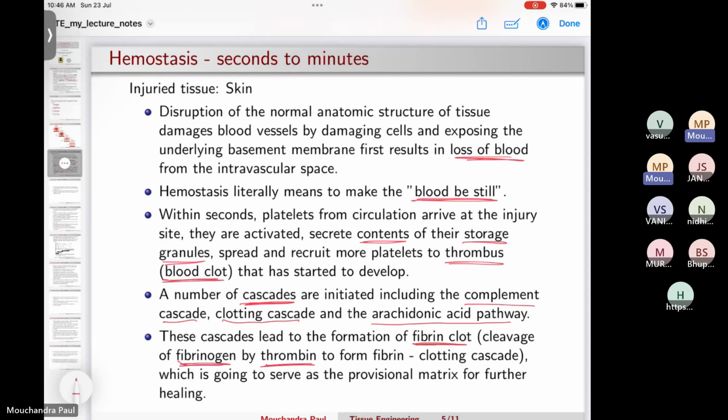So it basically is a hydrogel structure that gets formed when the enzyme thrombin is there. And how will the thrombin be synthesized? It will happen through the clotting cascade. All right. So the fibrin clot is formed as well. Now this clot acts as a provisional matrix that is going to help in the further healing process.